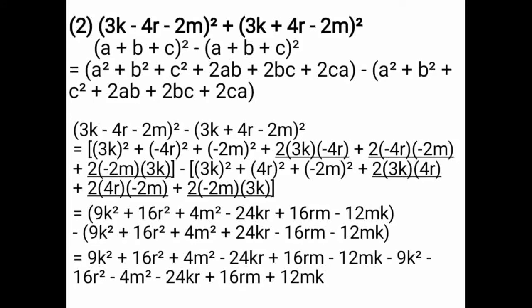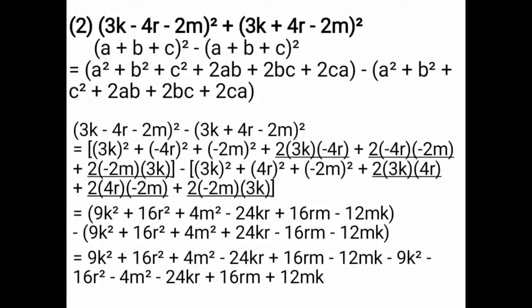That is equal to 9k² + 16r² + 4m² − 24kr + 16rm − 12mk − 9k², minus into plus become minus 16r², minus into plus become minus 4m², minus into plus become minus 24kr, minus into minus become plus 16rm, minus into minus become plus 12mk.